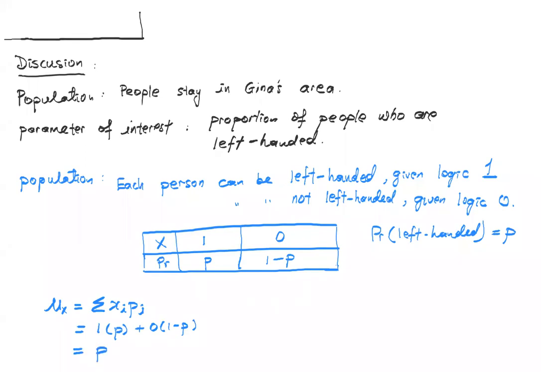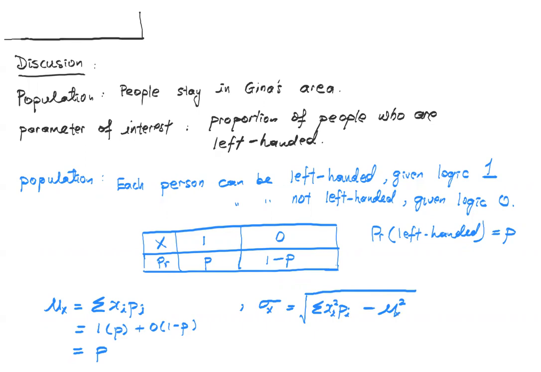So this will be equal to 1 times P plus 0 times 1 minus P. So we got it as P. How about the standard deviation? It will be the square root of the sum of xi squared pi minus the mean squared.